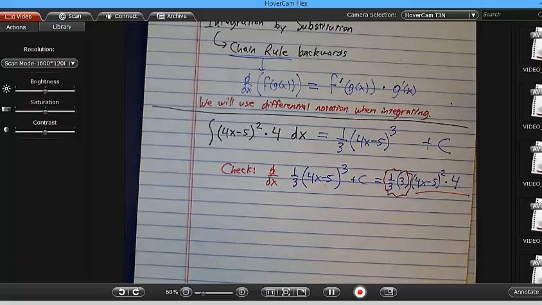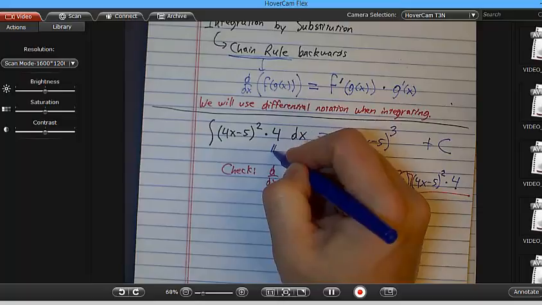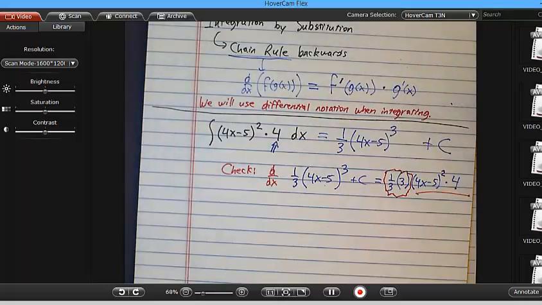Now, there's something here that made this work out. The original problem, right? What was I very lucky was there in the original problem? This 4. It's almost like, what's that doing there? That was there to make it work out, right? If it weren't there, not so lucky anymore. Okay?